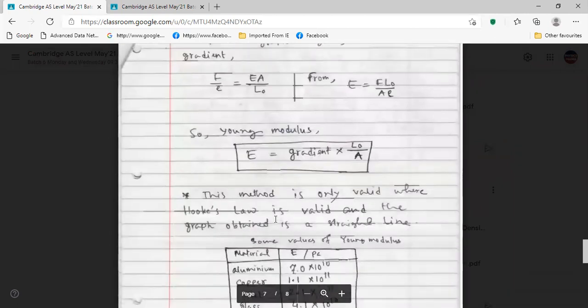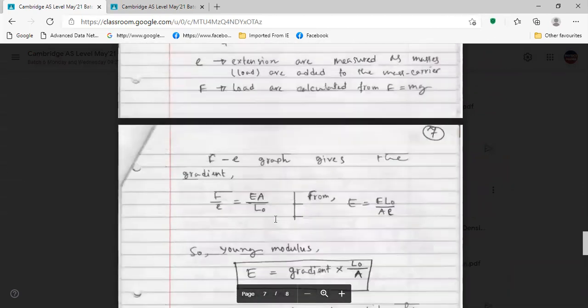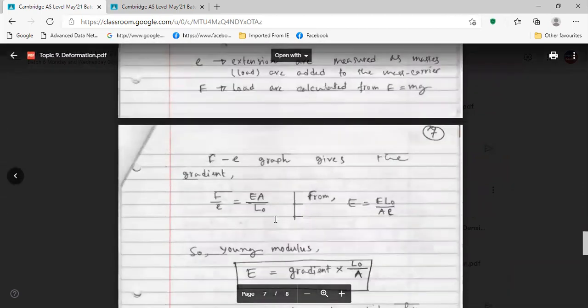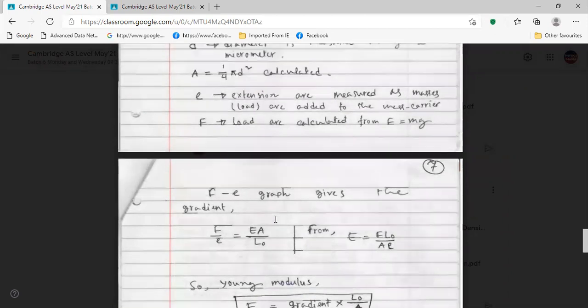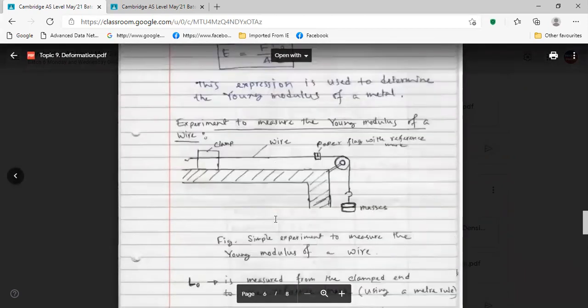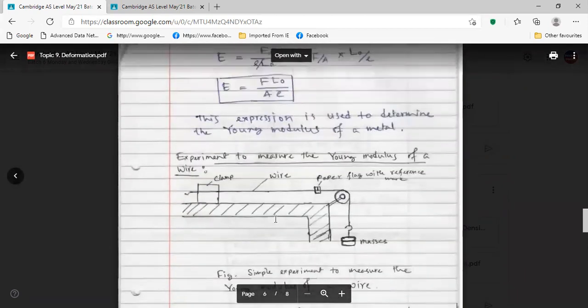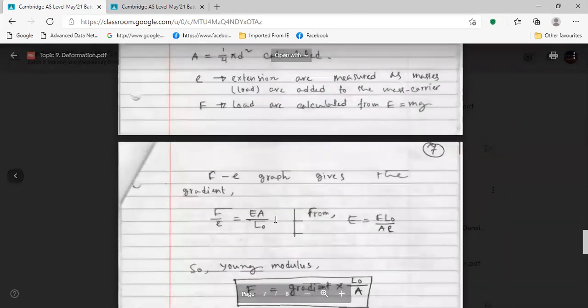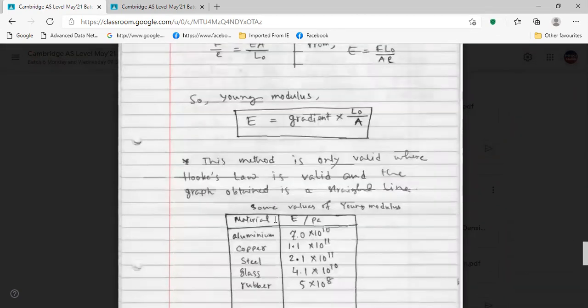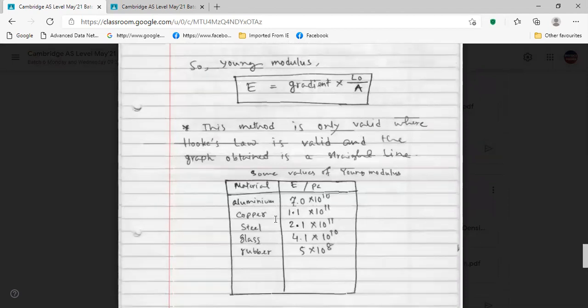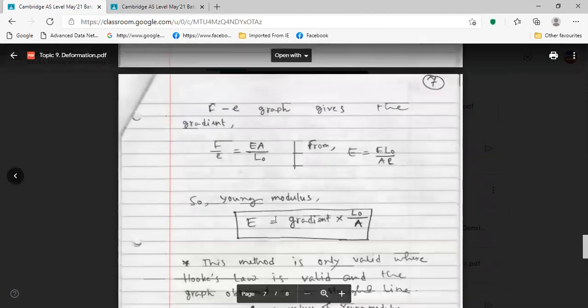So here is one experiment to get the Young modulus using the graph. This is a nice experiment. We also did this experiment in our intermediate, that is A level.